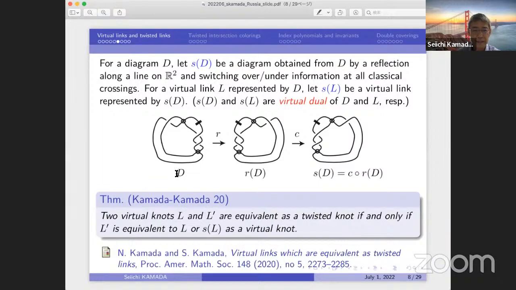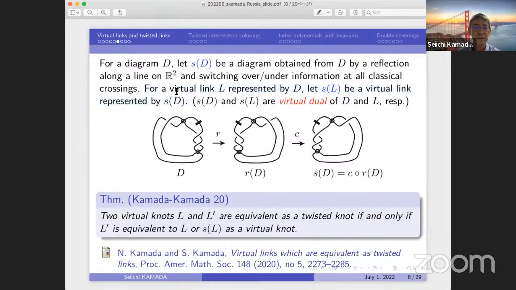Here is any diagram D. First, we apply a reflection along a line in R2. That is RD, the reflection image. Then we apply a crossing change at all classical crossings. This diagram is SD. We call SD the virtual dual diagram of D.